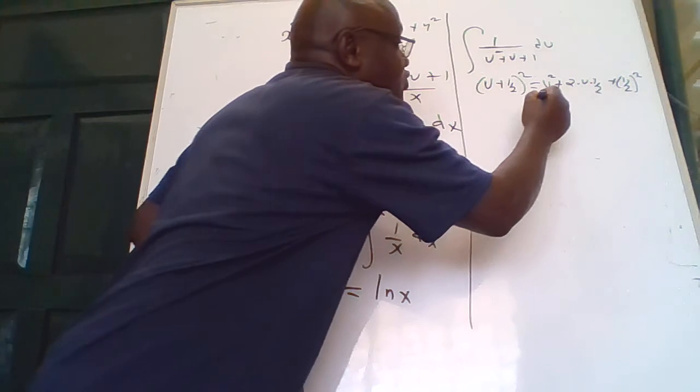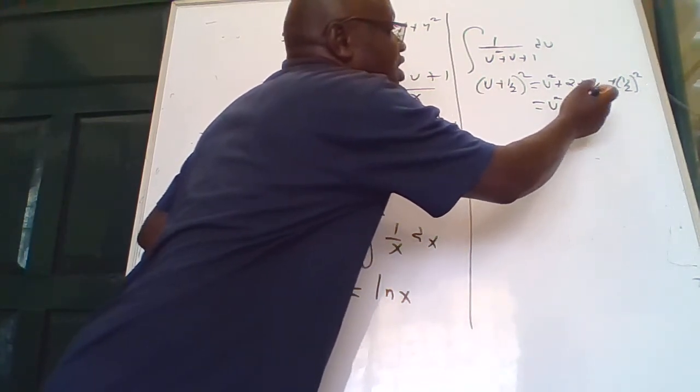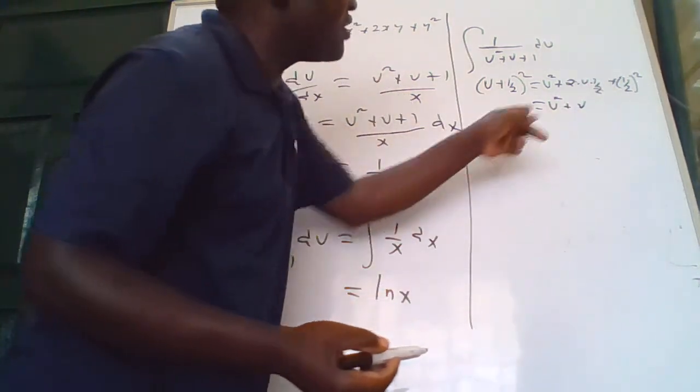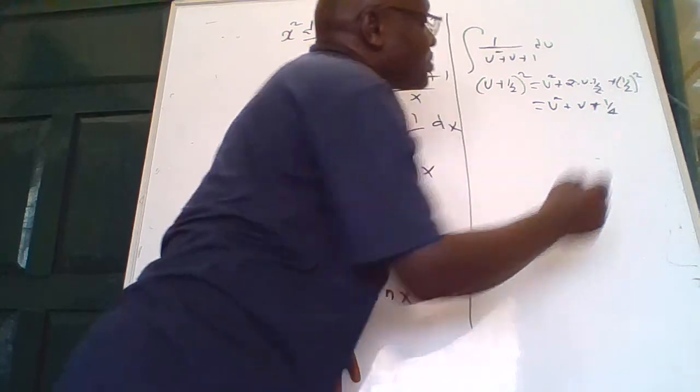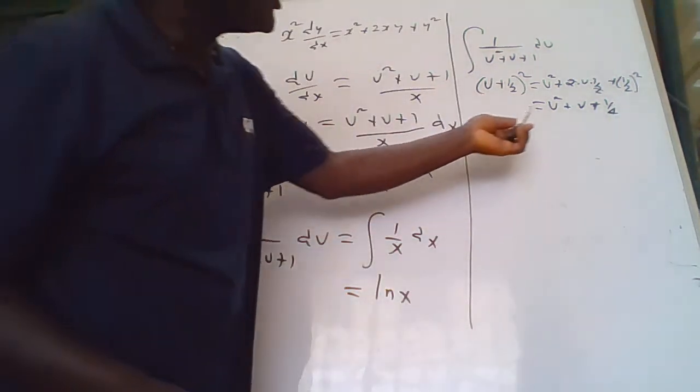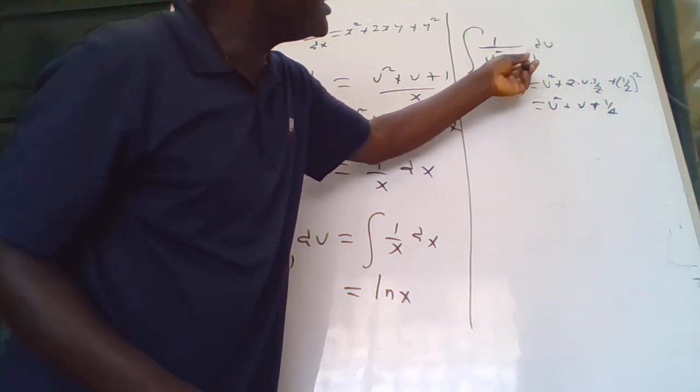So this equals v squared plus v, since the 2 and 2 cancel, then plus 1 over 4.